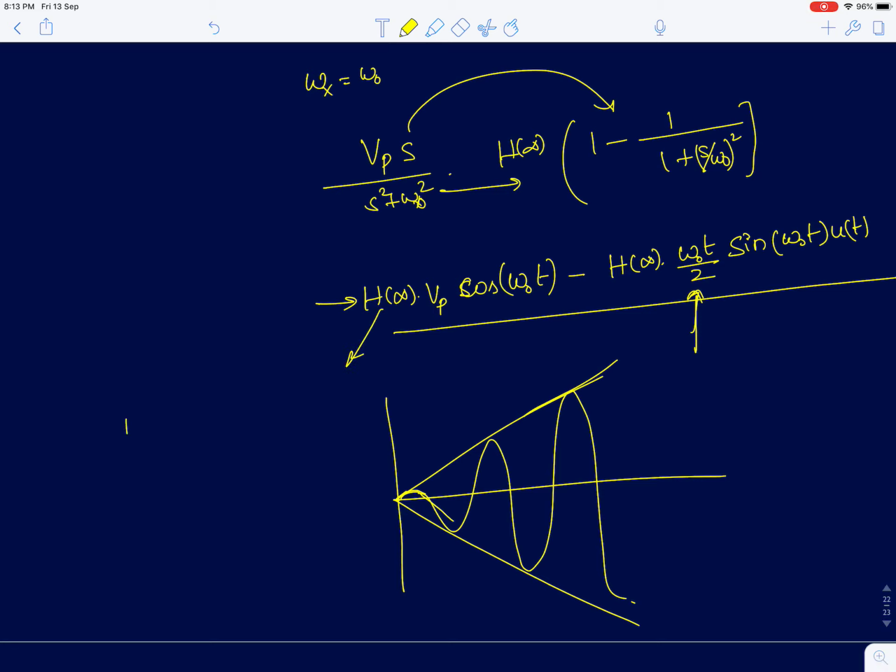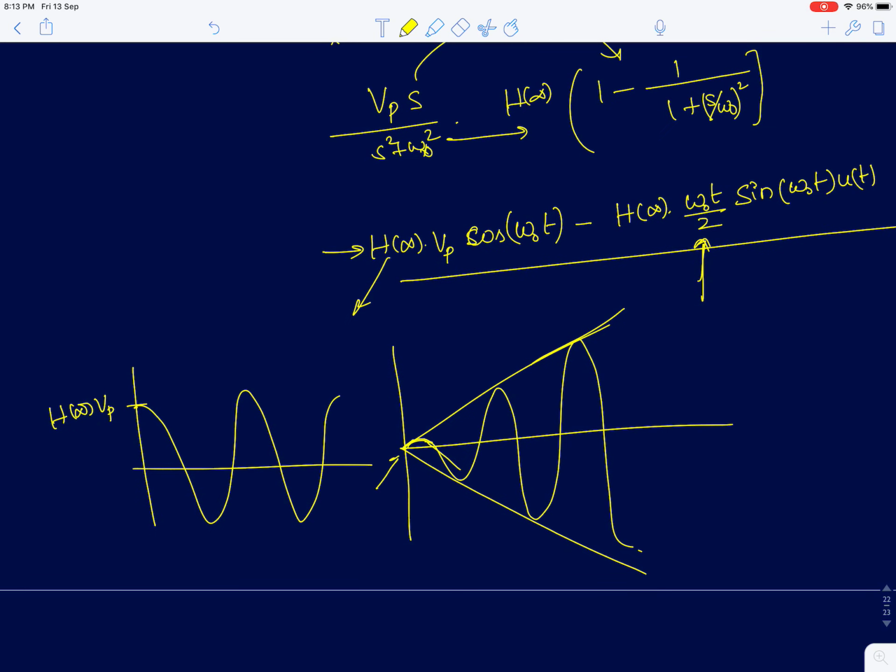This term, on the other hand, is a cosine which starts at a value of h infinity into Vp at t equal to 0, and then it lasts forever. So the only difference from the low pass, where the output would start at 0, is that in this case you have to subtract this waveform minus this. That will be your output response.